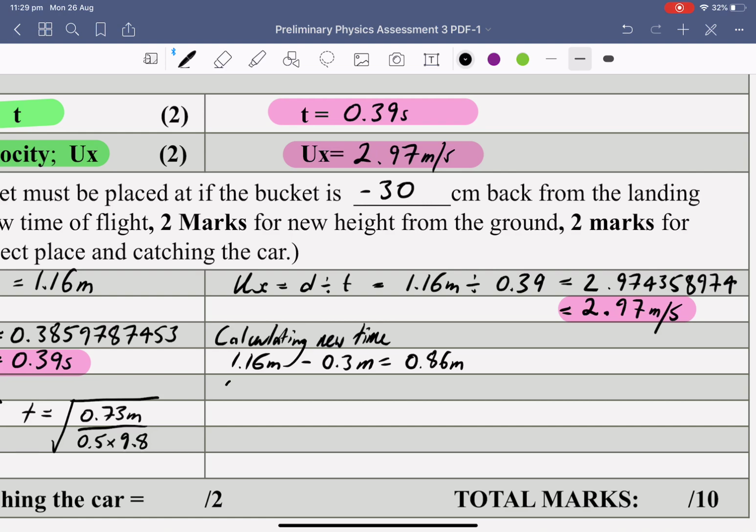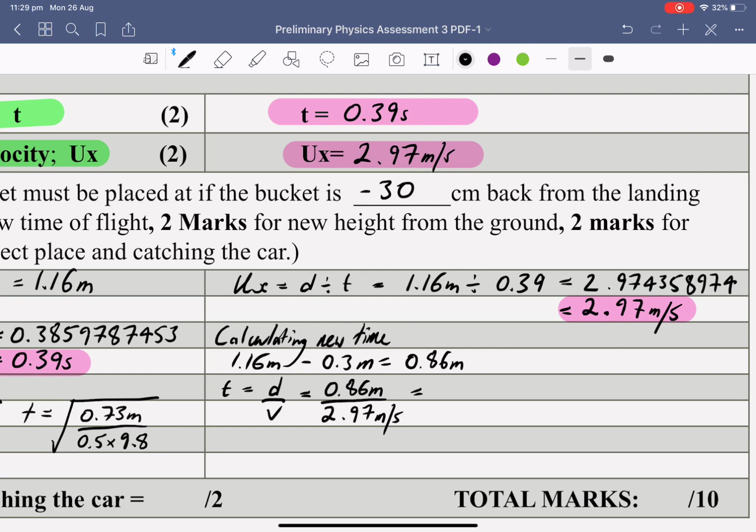To find the time, we simply get the distance that we want the projectile to go divided by the velocity, which is 0.86 meters divided by, because horizontal velocity is constant, 2.97 meters per second.